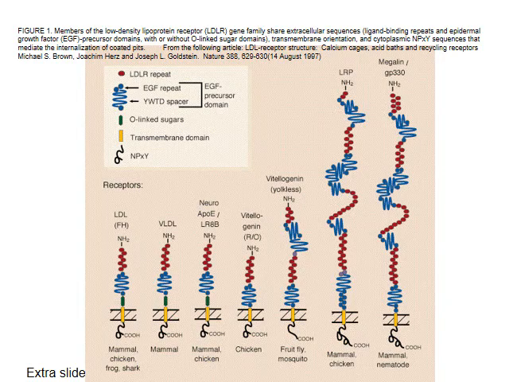In this figure, we have various members of the low-density lipoprotein receptor gene family. As we can see, they share certain extracellular sequences, such as ligand-binding repeats and what are called EGF precursor domains.